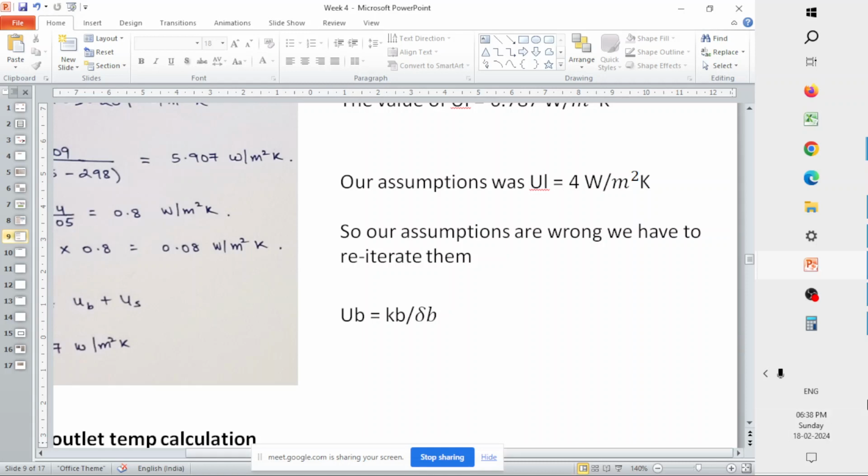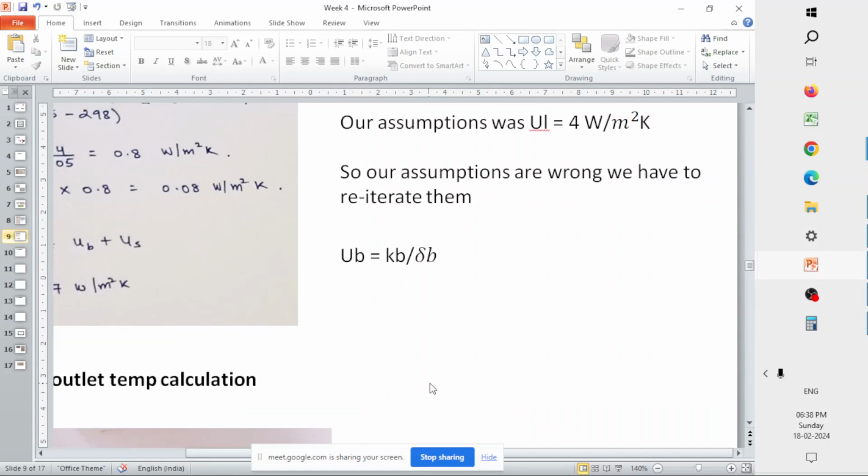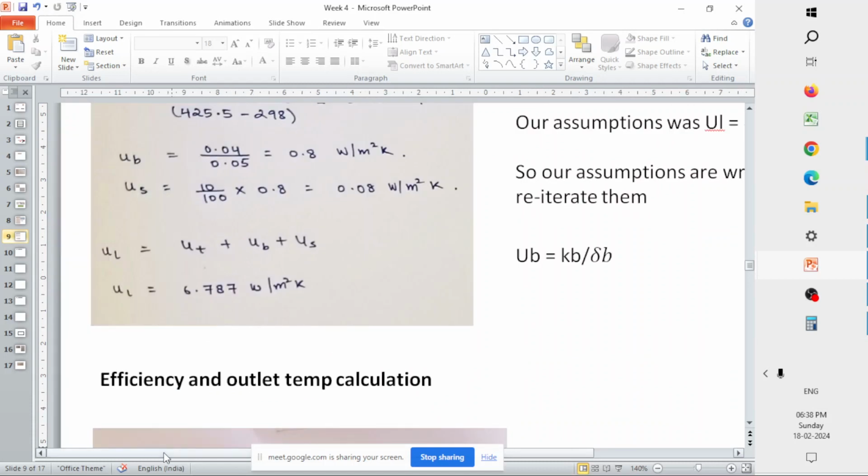This is how we usually check the accuracy of the calculation in any kind of equipment design within chemical engineering, and probably in other disciplines as well.